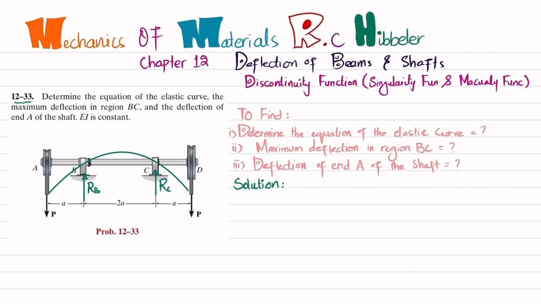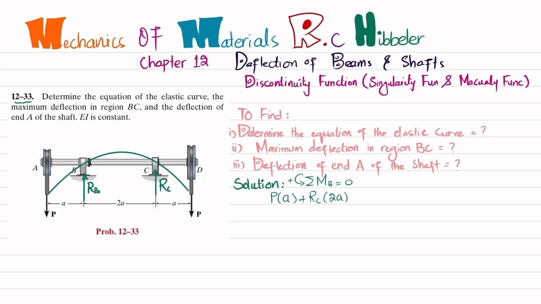The first equation of equilibrium is that the sum of all moments about point B is equal to 0, taking counterclockwise moment as positive. About point B, one moment is P into perpendicular distance A, producing counterclockwise, so it is positive: P into A. The second moment is due to RC into perpendicular distance 2A, also counterclockwise, so plus RC into 2A.